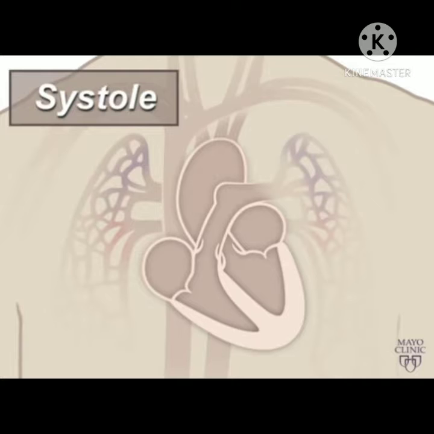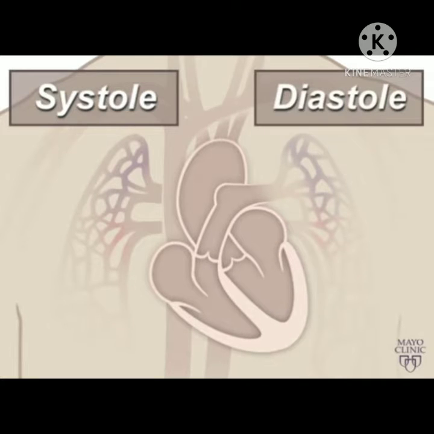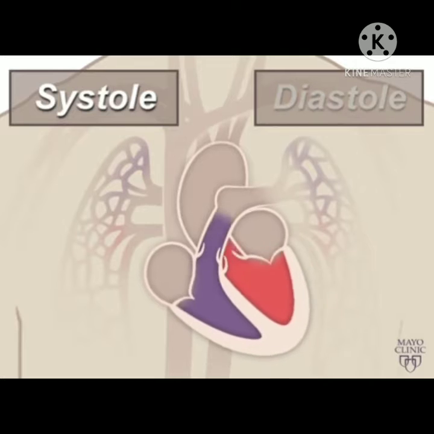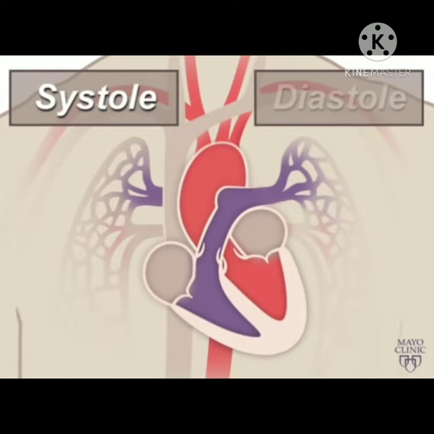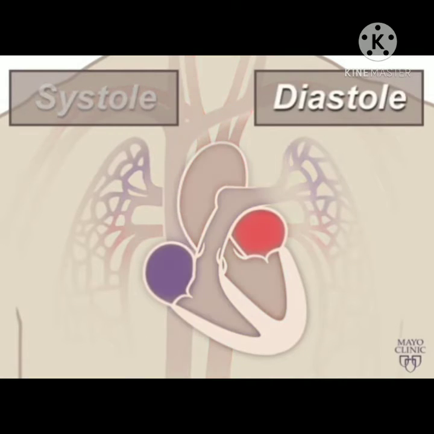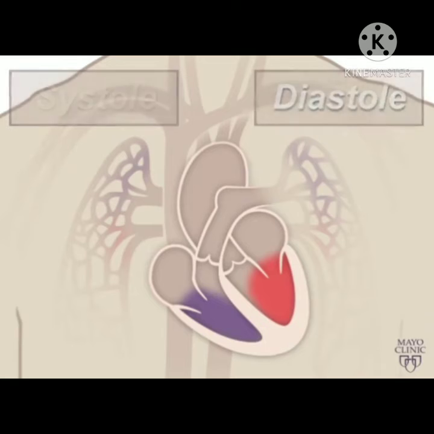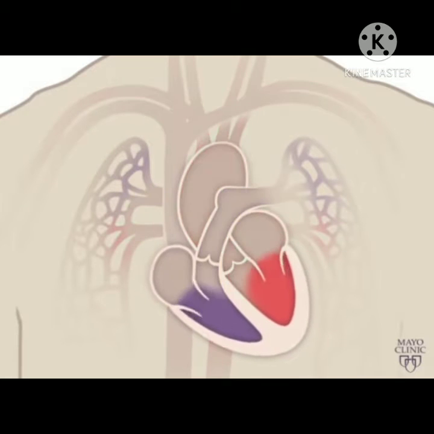Contraction is called systole, and relaxing is called diastole. During systole, your ventricles contract, forcing blood into the vessels going to your lungs and body, much like ketchup being forced out of a squeeze bottle. The right ventricle contracts a little bit before the left ventricle does. Your ventricles then relax during diastole and are filled with blood coming from the upper chambers, the left and right atria. Then the cycle starts over again.